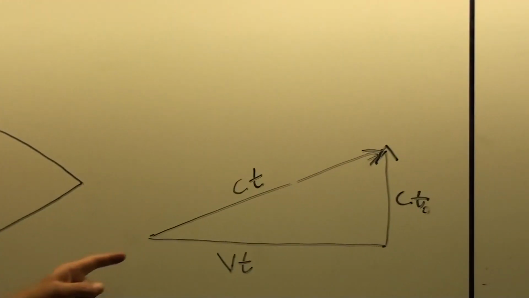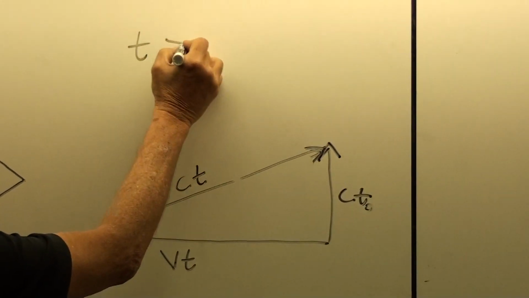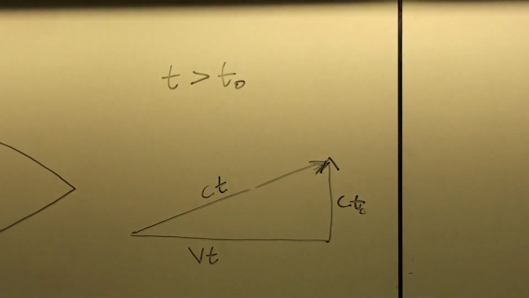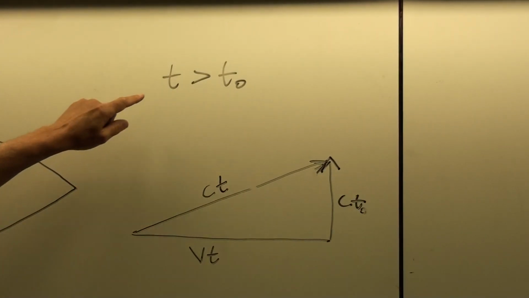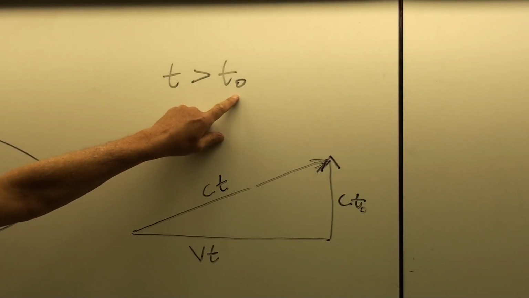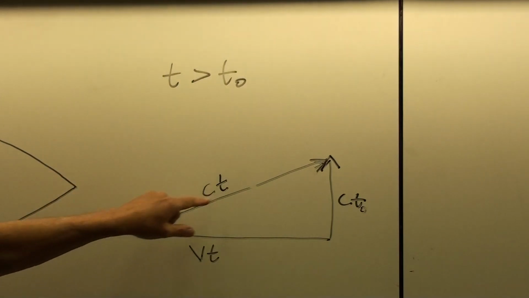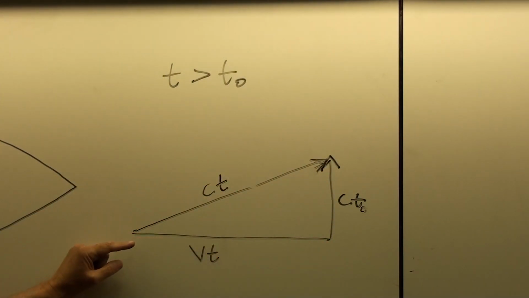Therefore, t must be greater than t naught, so that more time elapses on the Earth's clock than on the rocket's clock. That's the only way to maintain the Pythagorean theorem.